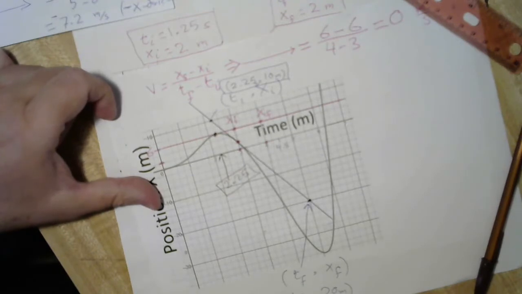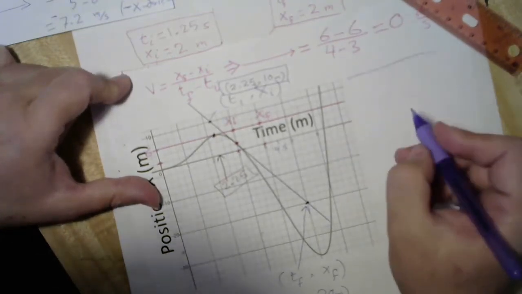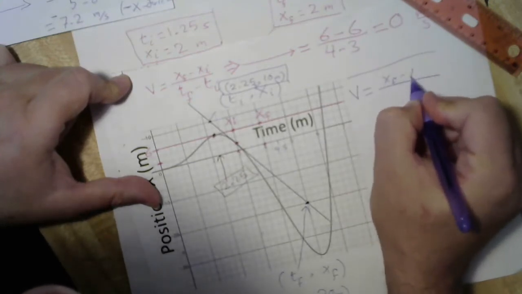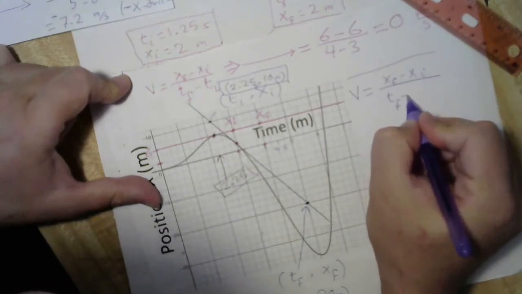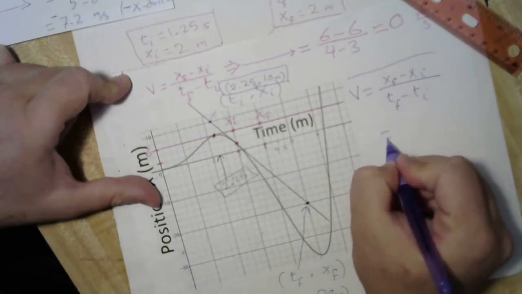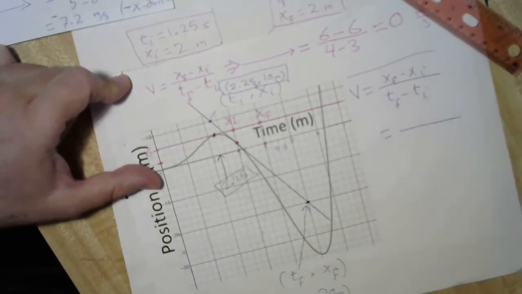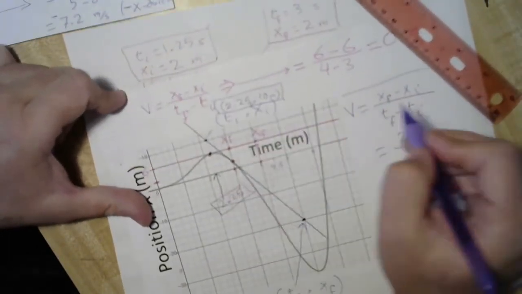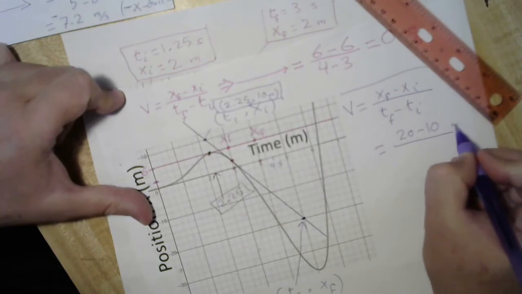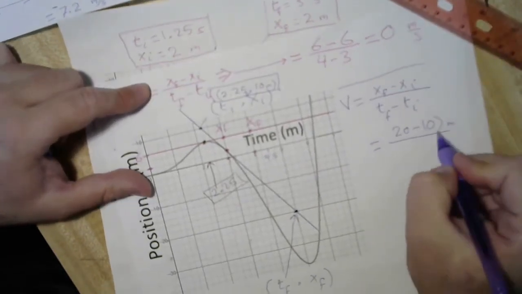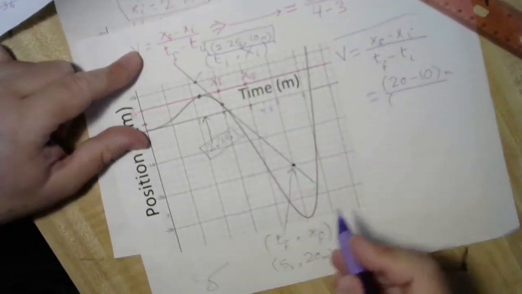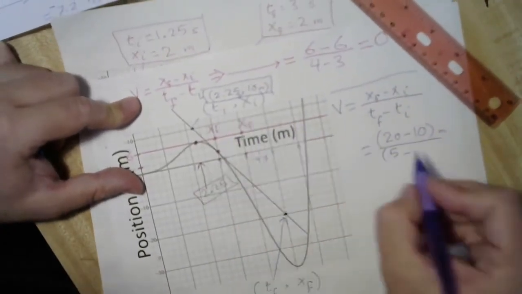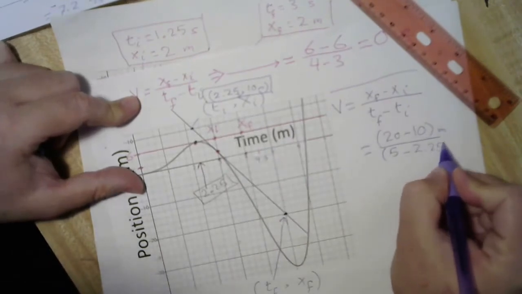Okay, I can now calculate the velocity. Velocity is equal to x final minus x initial over t final minus t initial, which is equal to x final 20 minus 10 in meters, divided by 5 seconds minus 2.25 seconds.